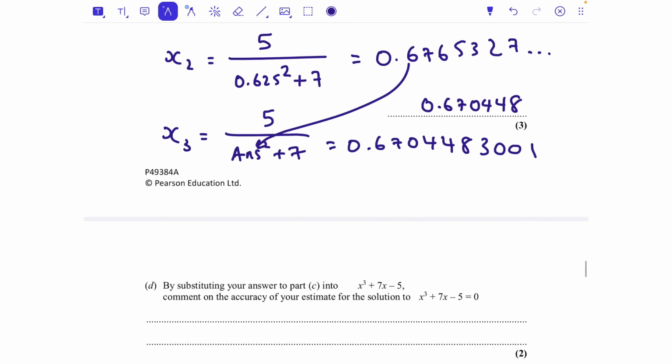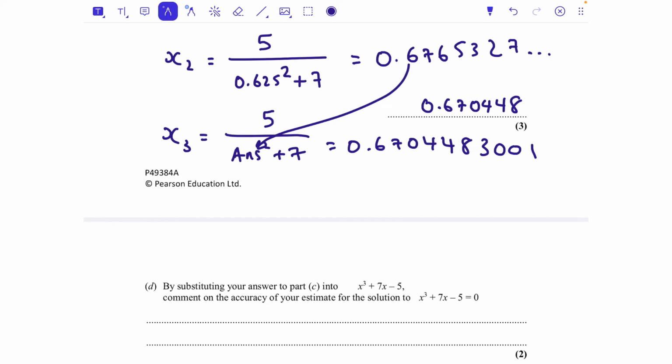By substituting your answer to part C into that cubic, comment on the accuracy of your estimate. So if I put that back in to that, and I'm going to do answer cubed, add 7 lots of the answer, minus 5. So I'm using all the decimal places that I can by putting it in exactly.